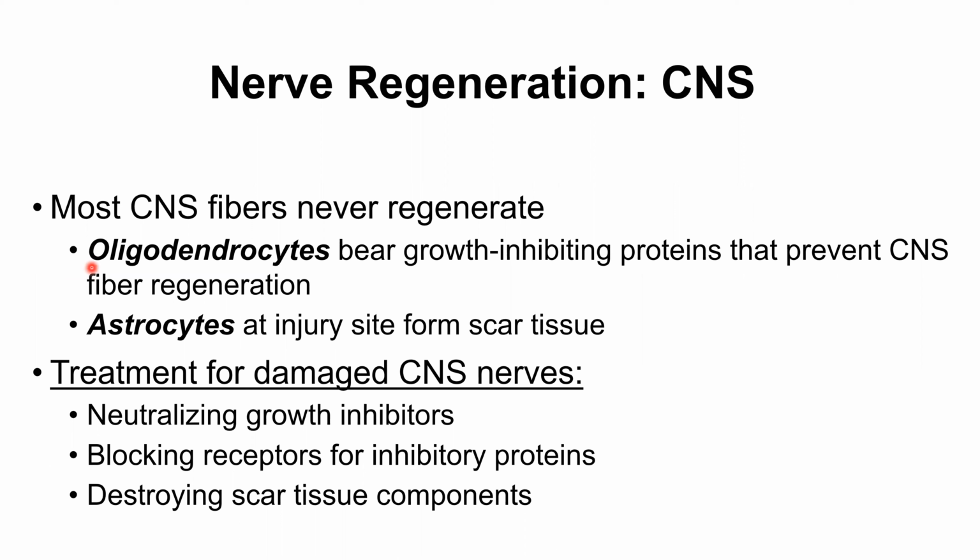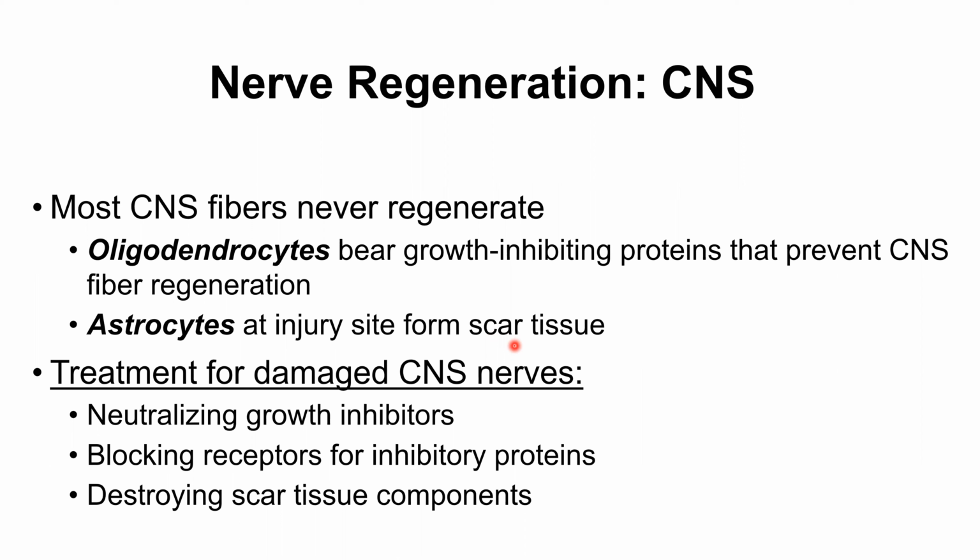Now, in addition to having this growth inhibiting protein on oligodendrocytes, in CNS fibers, if there is an injury, the astrocytes are actually going to form scar tissue. Okay, so this is going to prevent the regeneration of nerves in the central nervous system.